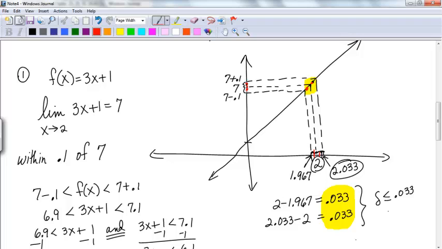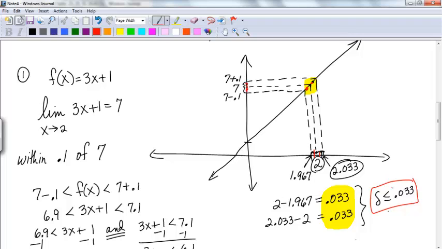I'm still inside this interval if I go smaller, right? So if they asked you to find a delta, you'd go ahead and subtract and say, as long as I choose my delta to be less than or equal to, then I'm inside this interval, which puts these y values inside this interval. And that's where it would be like if Amy said, I'm picking my delta to be 0.031.